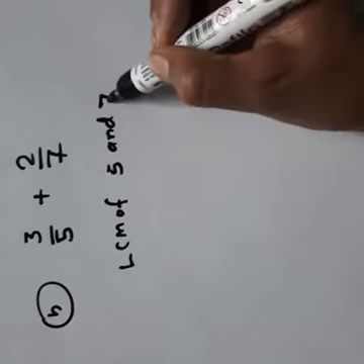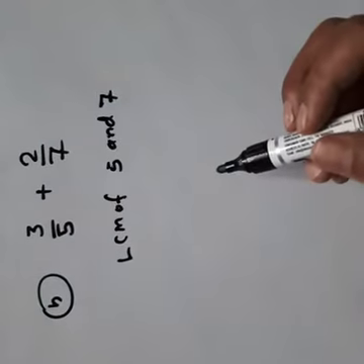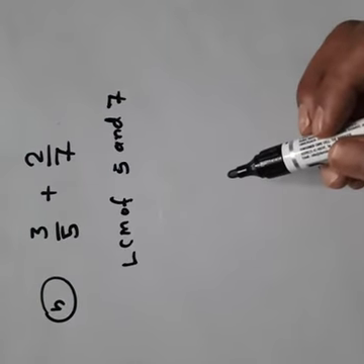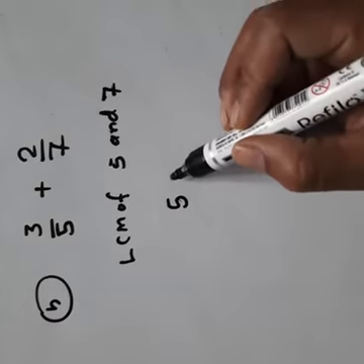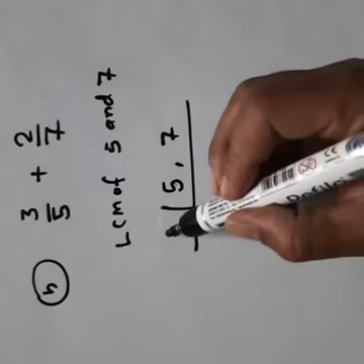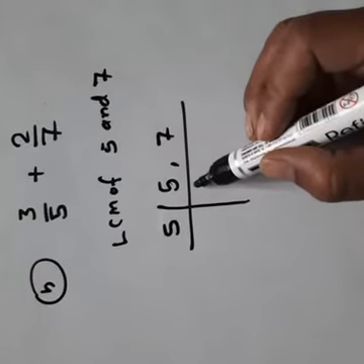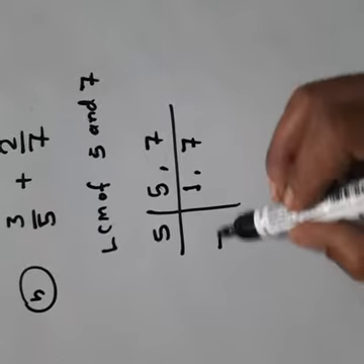So why do we take LCM students? Only to make the denominators equal, because we can never add the two fractions while their denominators are different. So first of all, we make the denominators equal by taking LCM of 5 and 7. So dividing by 5, 5 1s are 5. 7 is not divisible by 5, so write the 7 as it is.